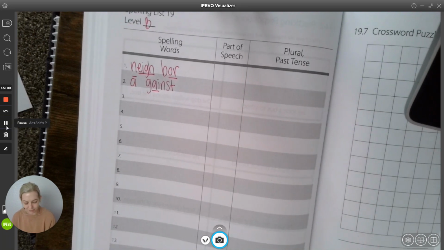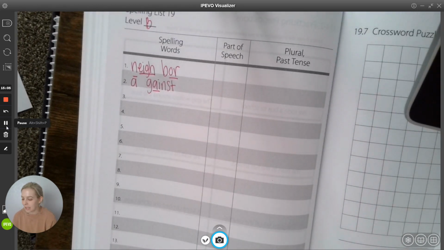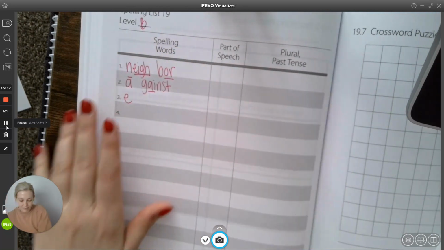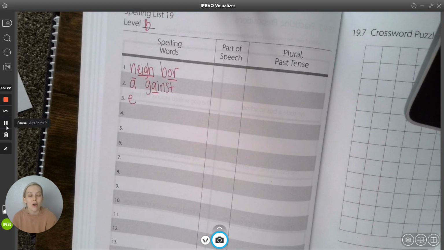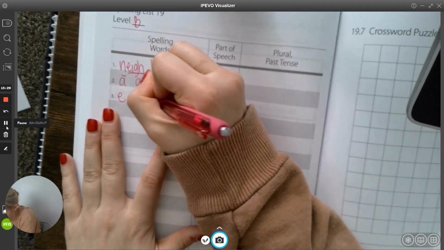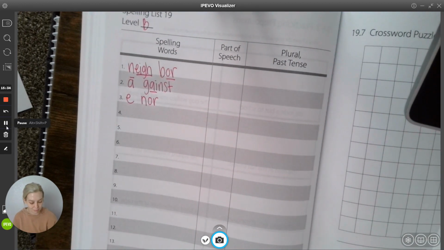Number 3, enormous. That elephant is enormous. 3 syllables in the word enormous. First syllable is E. Let's sound it out. E, finger spell, E. Second syllable is nor. Sound it out. N, or, finger spell, N, or. Third syllable is mus.